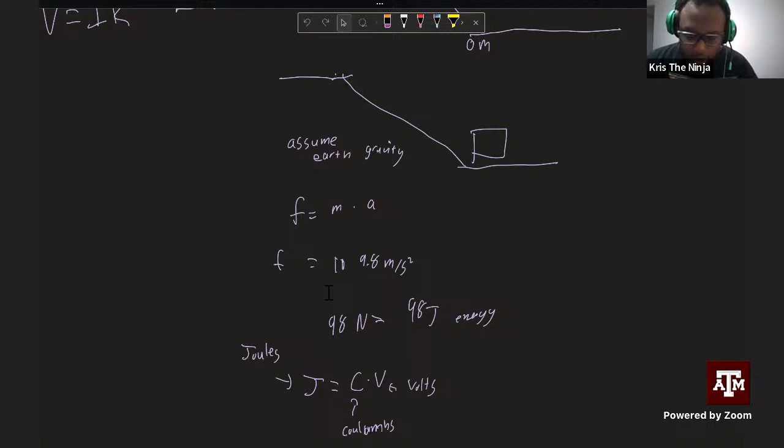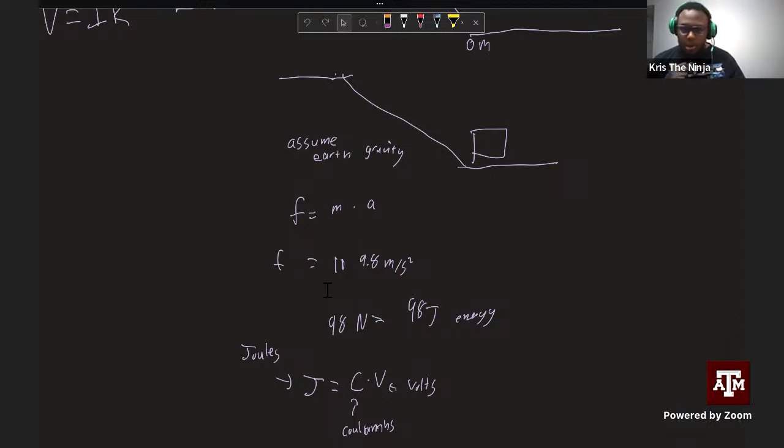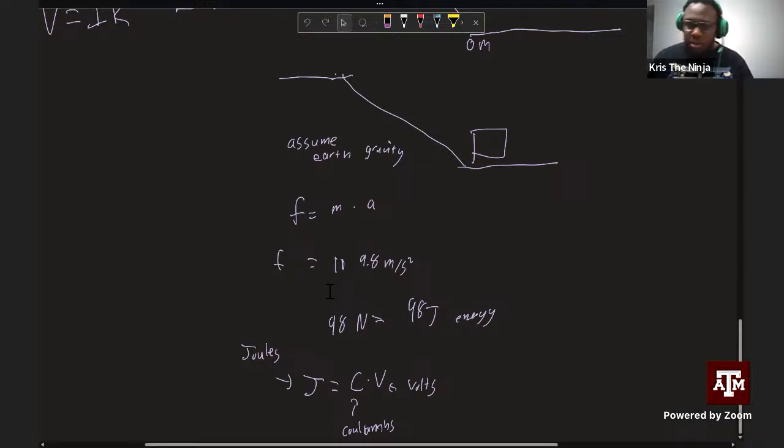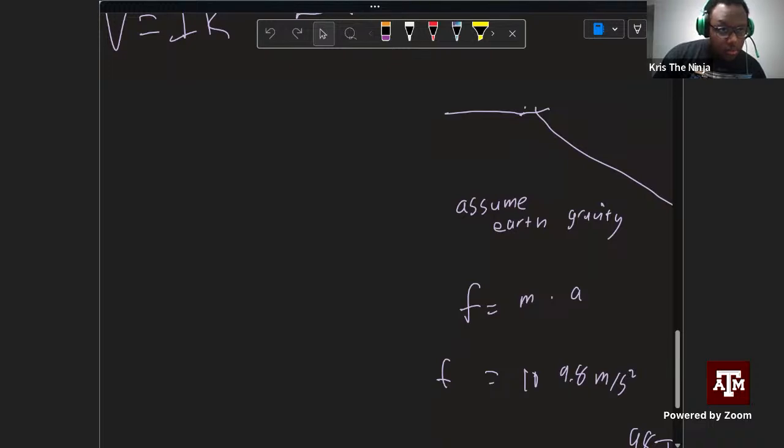Let's just say that the block is just one proton. It's a 10 gram proton. So that would be a charge of 1. What's the weight of a proton? Let me find the charge of a proton. +1.